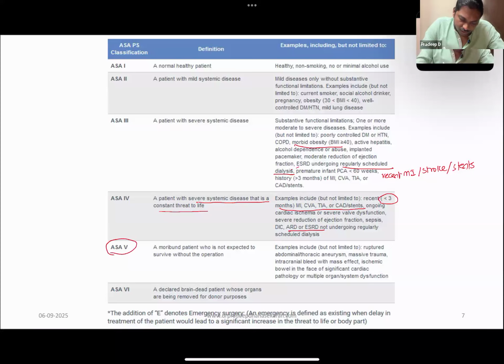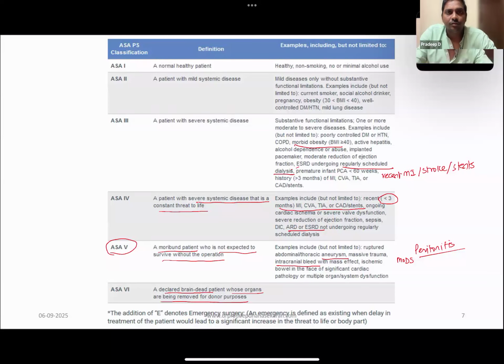Finally, ASA 5 includes a moribund patient who is not expected to survive without the surgery, particularly aneurysm, intracranial bleed, or other MODS picture patients. MODS peritonitis patients will have ASA grade 5. ASA grade 6 is a brain-dead declared patient whose organs are removed for donor purposes.